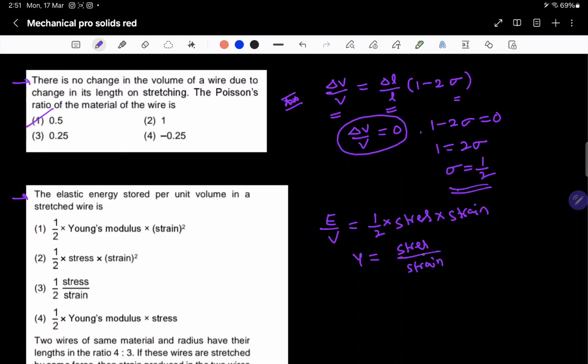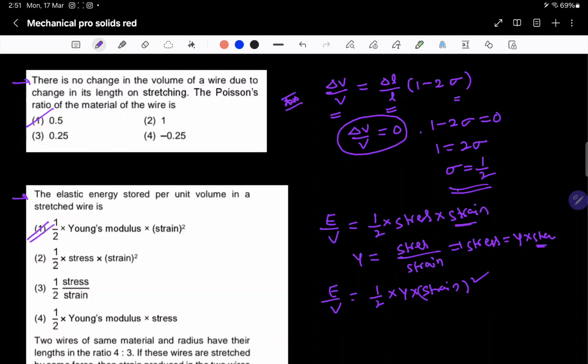So stress equal to Y into strain. Substitute here: strain energy per unit volume equal to half into stress, which is Young's modulus Y into strain, and already one more strain. Strain into strain is strain square. So half into Y into strain square. This is energy per unit volume. The first option is given, students.